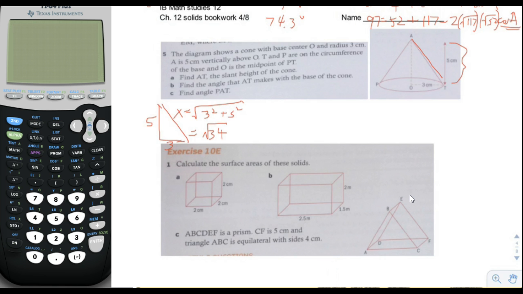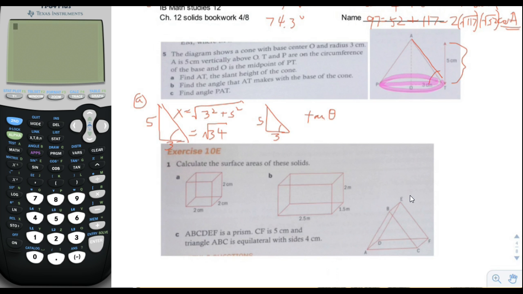Okay, so that's A. B, find the angle that AT makes with the base of the cone. So that would be this angle here, that angle right there. The base of the cone is, of course, that part here. So we could use almost any trig function here. How about if we just use tangent?